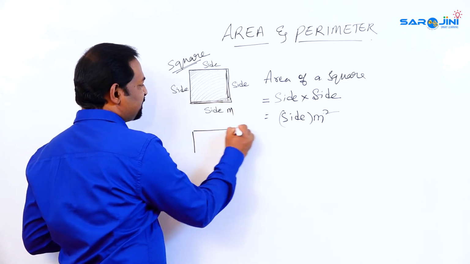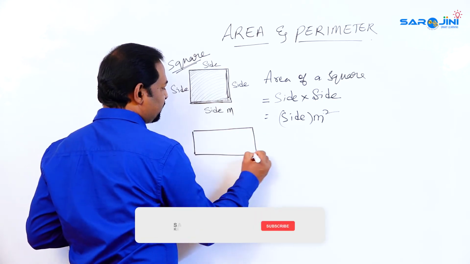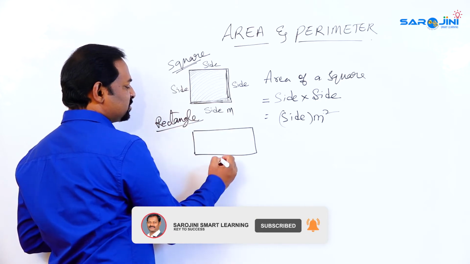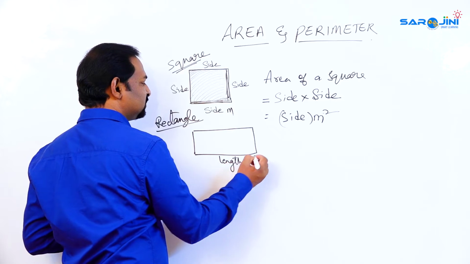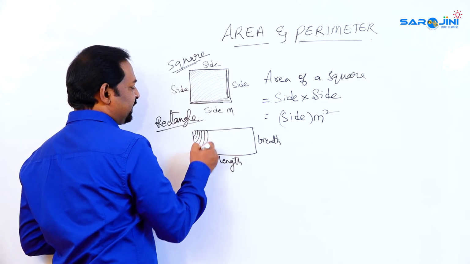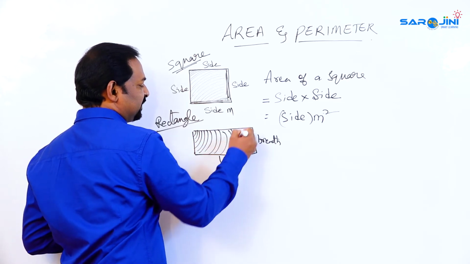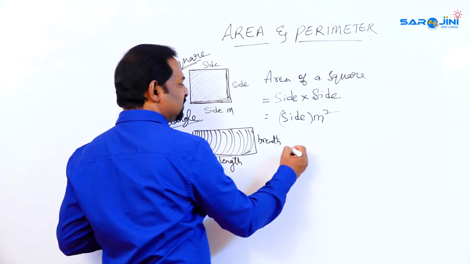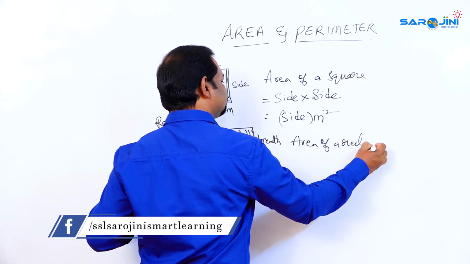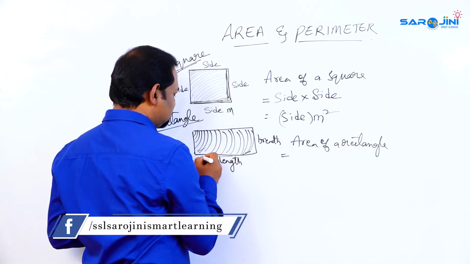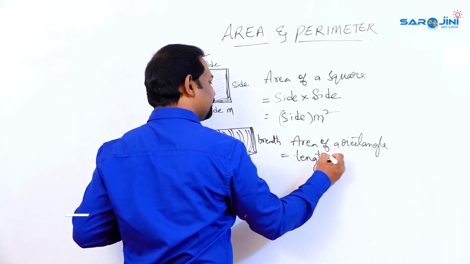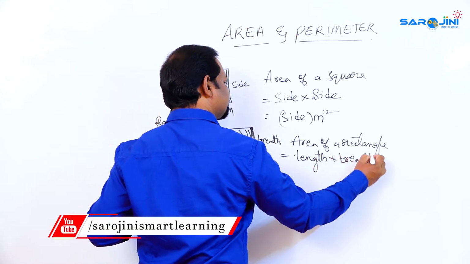This is a picture of a rectangle. Here we have the length part and here the breadth part. When we want to find the inside area bounded by the four sides, the area of a rectangle is this side multiplied with this side, that is length into breadth.